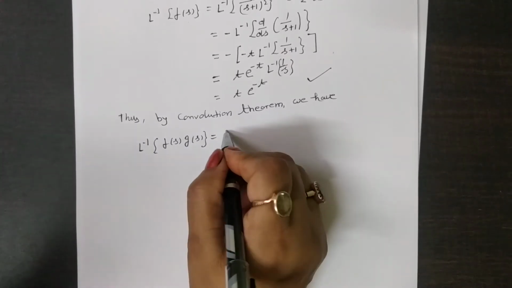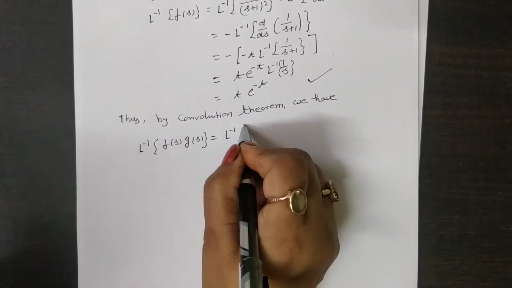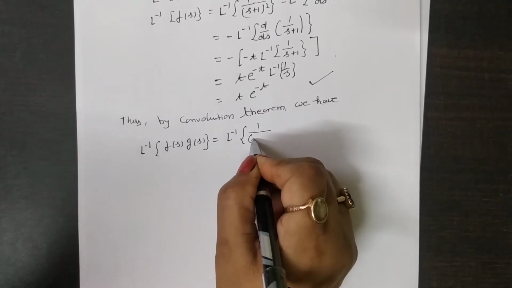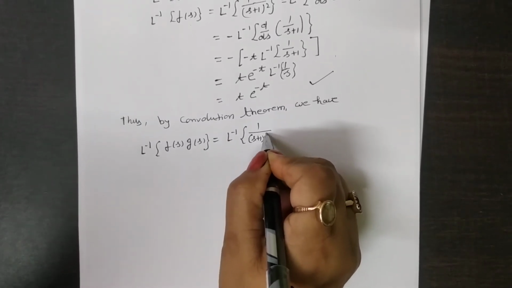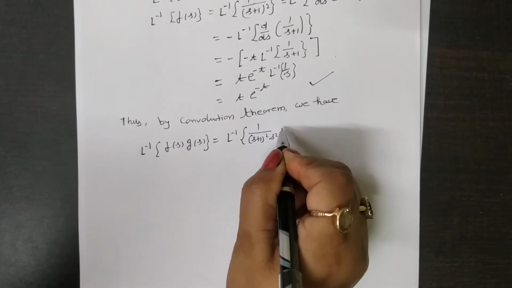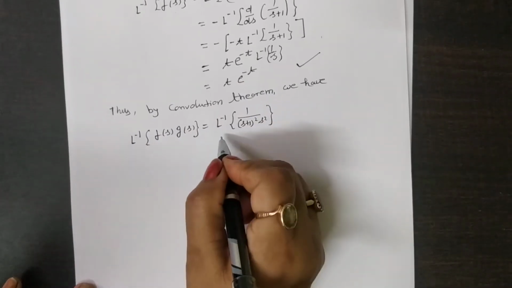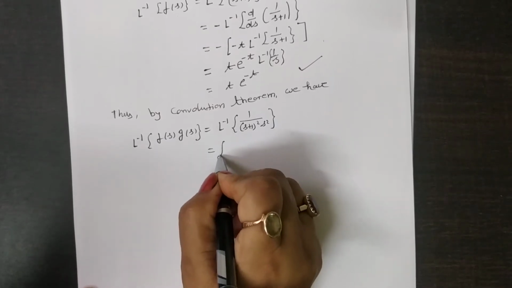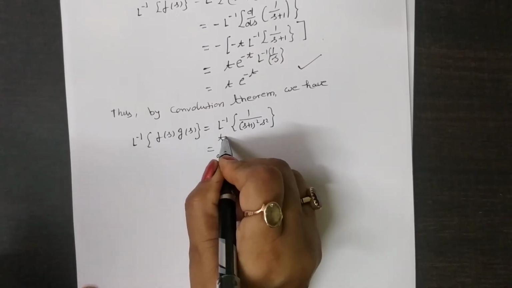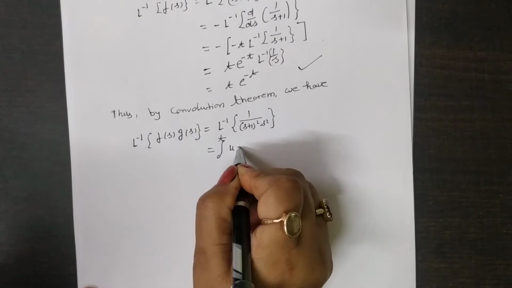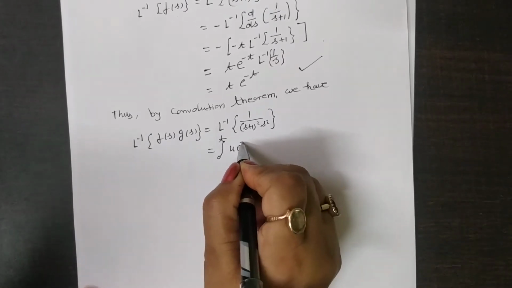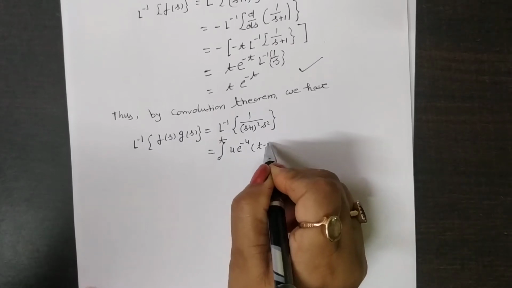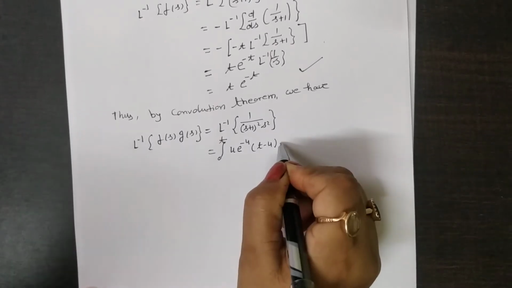This is equal to the Laplace inverse of, as in your question, 1 by (s plus 1) whole square into s square. So this is equal to the integral from 0 to t, according to the convolution theorem, of u e to the power minus u and (t minus u) du.